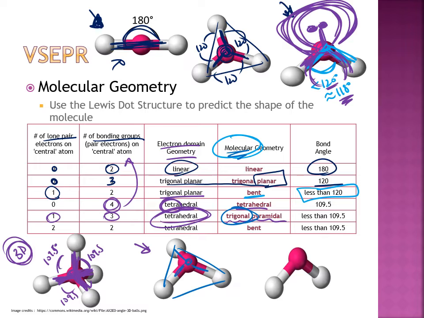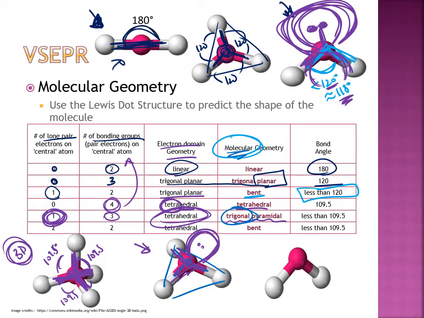But because of that lone pair of electrons that made the electron domain shape tetrahedral, that 1 lone pair of electrons that are here, these electrons are actually going to push these guys down a little bit.